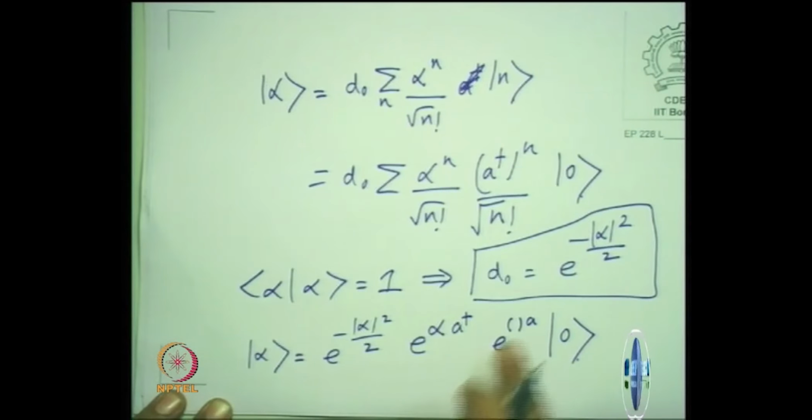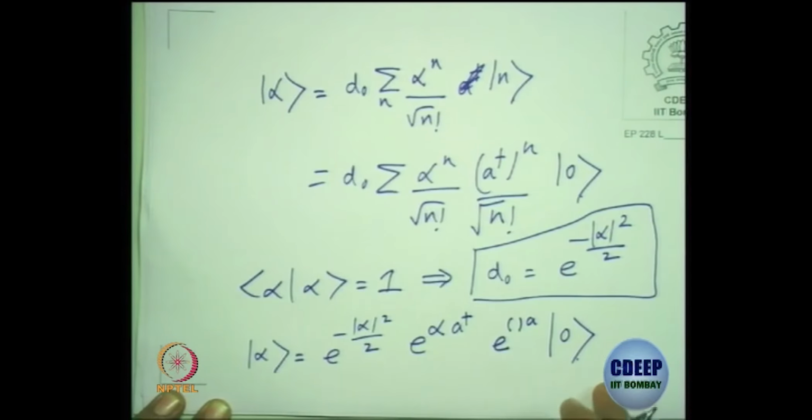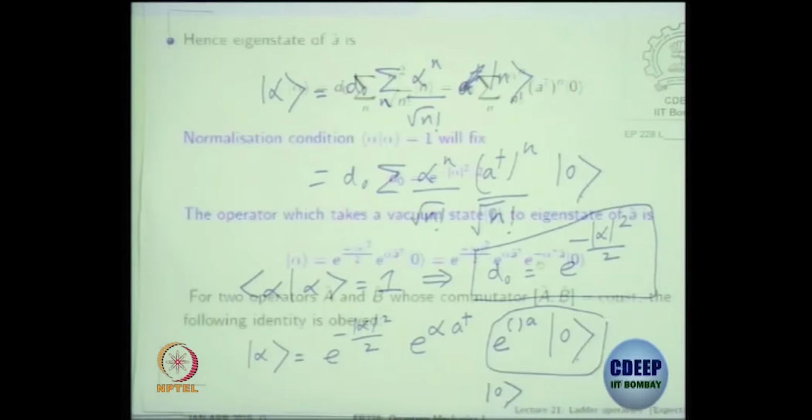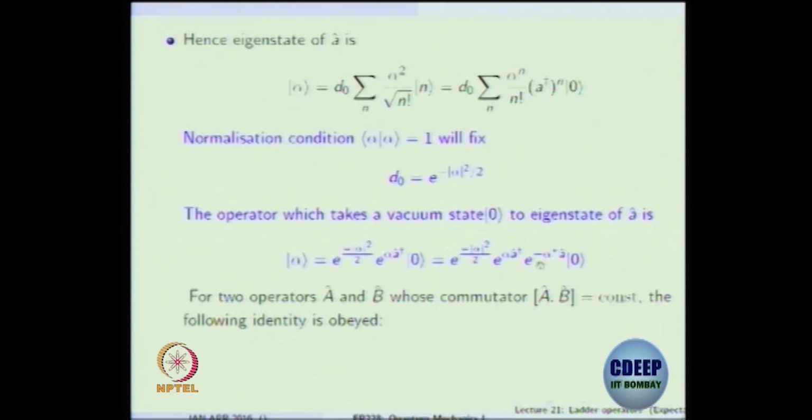E to the A is 1 plus A plus A squared by 2 factorial and so on. A on 0 is always 0. E to the A on 0 will always be the same state. This will be like an identity operator. So I am just trying to introduce a convenient factor there.